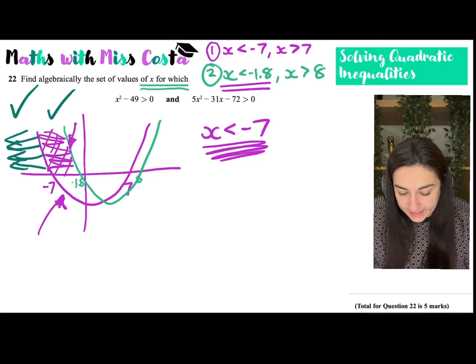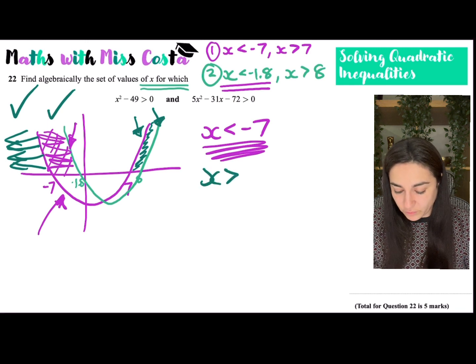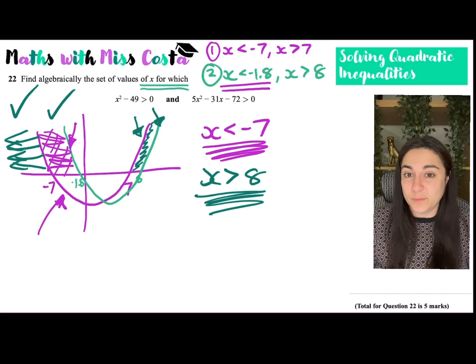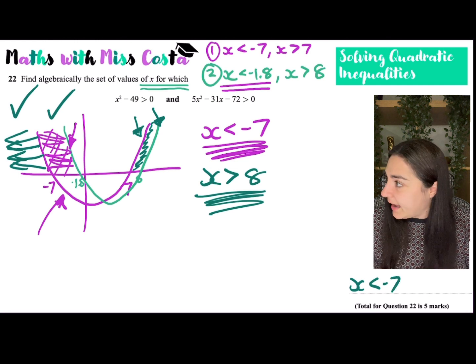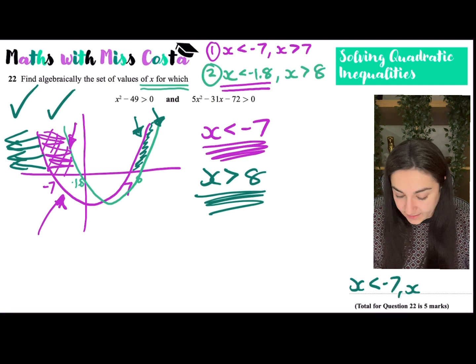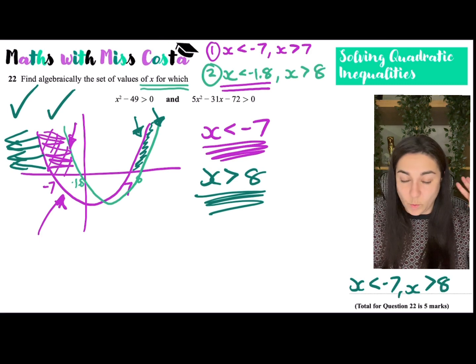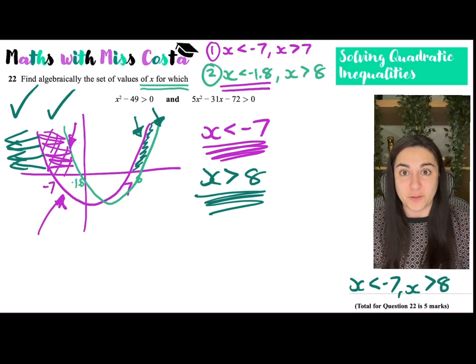And similarly, over here, anything above 7 would satisfy this graph, but I need them to satisfy both. Therefore, x must be greater than 8. And that's your final solution. So x must be less than -7, and x must be greater than 8. So anything that is greater than 8 or less than -7 is satisfied by both of your inequalities.